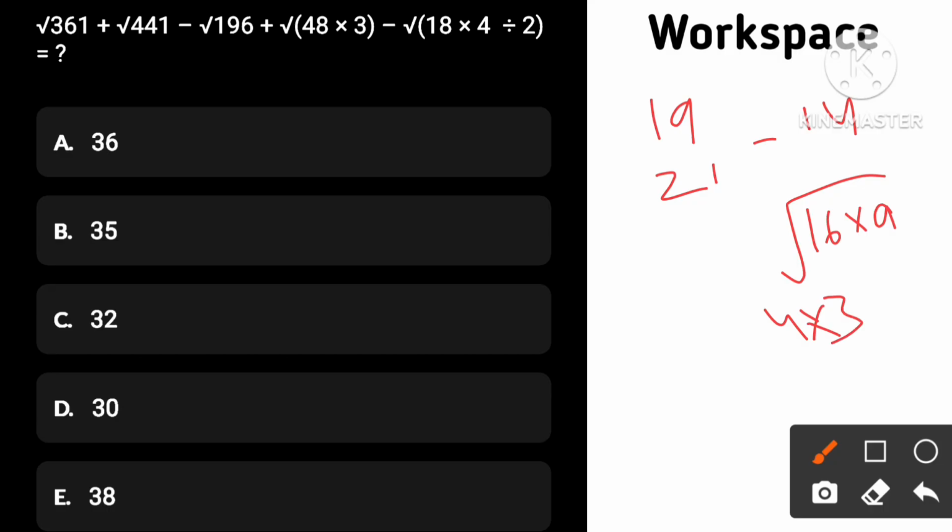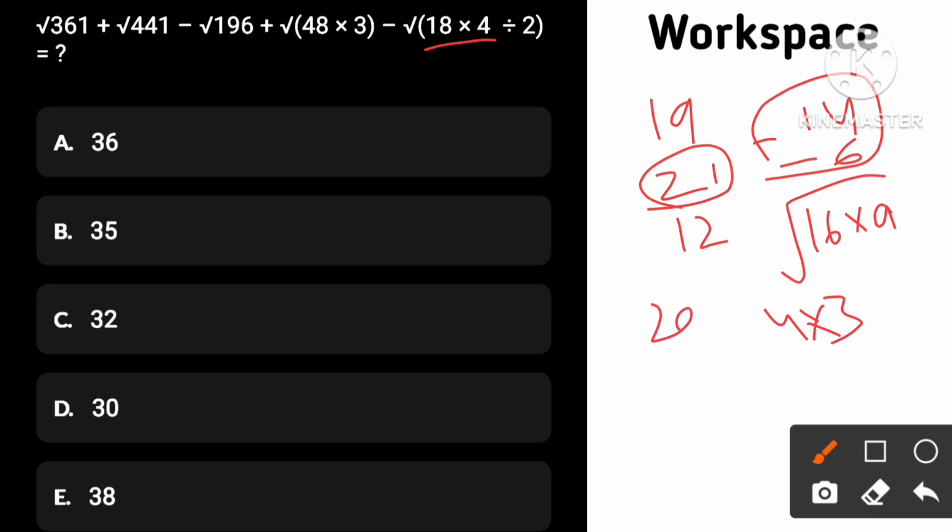So total we have 12. So plus 12 and here root over 18 into 4 divided by 2. 8 into 2 times 36. So it will be plus, minus 6. So we need to subtract 20. So subtracting 20 we left with 1 here. So 20 plus 12. 20 plus 12 32 is our answer. Option C is the answer for this one.